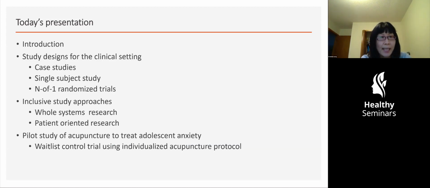So for today, I'll give a brief introduction to what I mean by pragmatic and what I mean by whole systems or holistic practices, and go through three main designs: the case study, single subject study, and the N-of-1 randomized trial design.